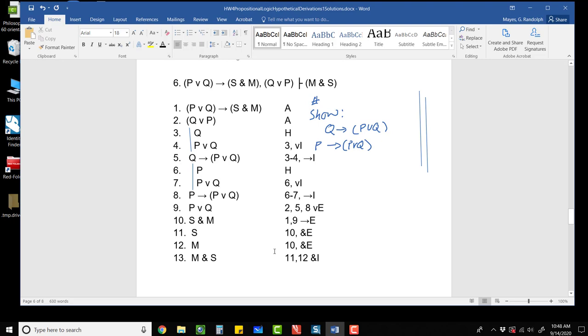Okay, so 2 important lessons from this. One is that very often when you're doing a proof, what you need to do is use conditional introduction in order to prove something that you need in order to prove something else, okay?